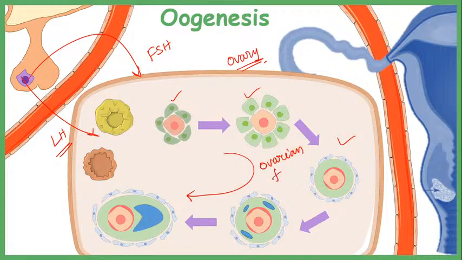Okay, and finally what happens, this follicle, the final follicle, can you see this very large follicle? This follicle is known as a Graafian follicle.